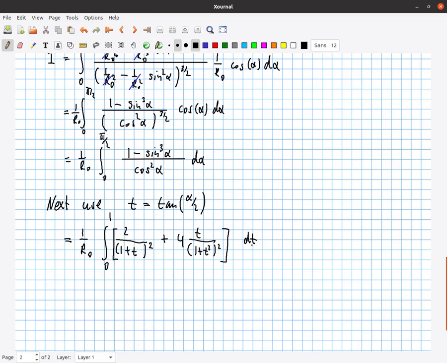And if you then integrate this, you eventually find that this whole integral is nothing but 2 over r0. So what you need to show is that this integral here is 2 if you work with alpha, or that this one is 2 if you work over t. So if your integration isn't that solid and you haven't seen these substitutions done for a while, just work yourself through this.